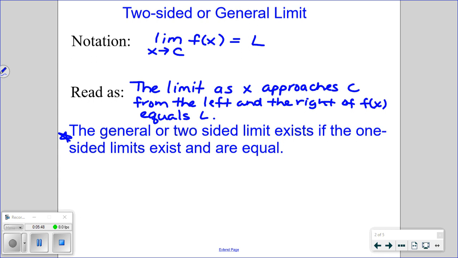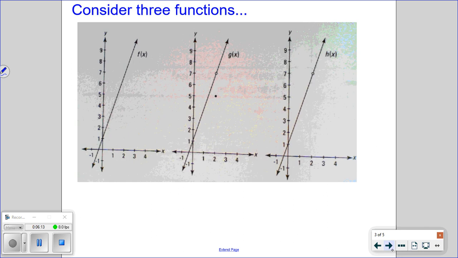And we saw some cases yesterday in our activity where the limit does not exist. And remember, one case where the limit does not exist is when the left-hand limit does not equal the right-hand limit. So if those one-sided limits are not the same, then we would say the two-sided limit does not exist. Okay.